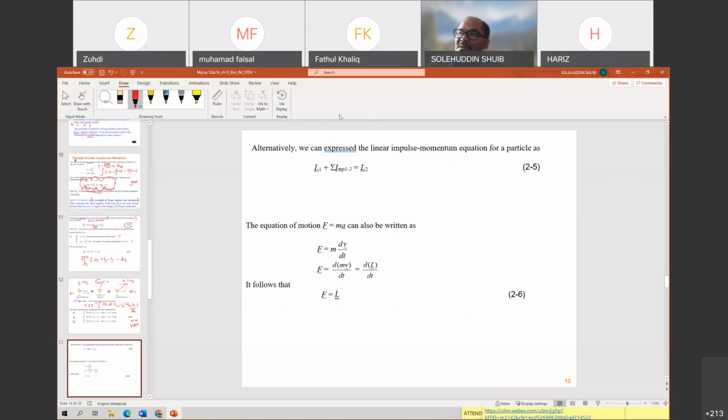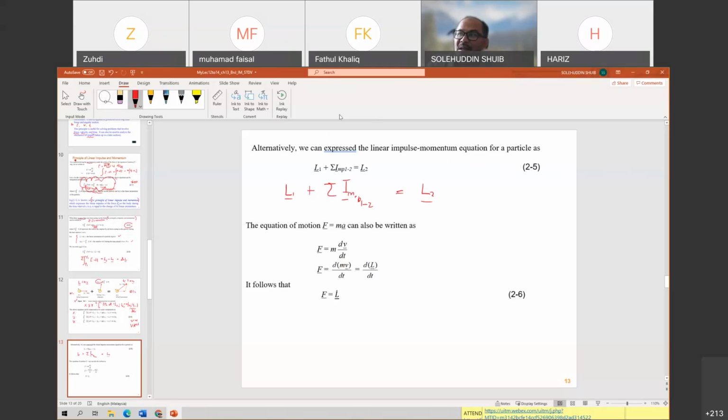So we have here equation 2.5: L1 plus summation of impulse 1 to 2 equal to L2.